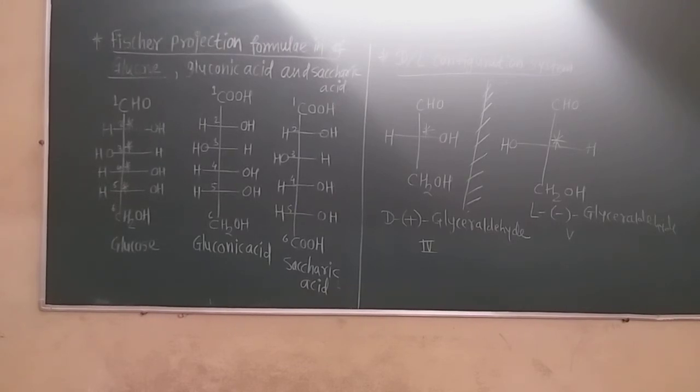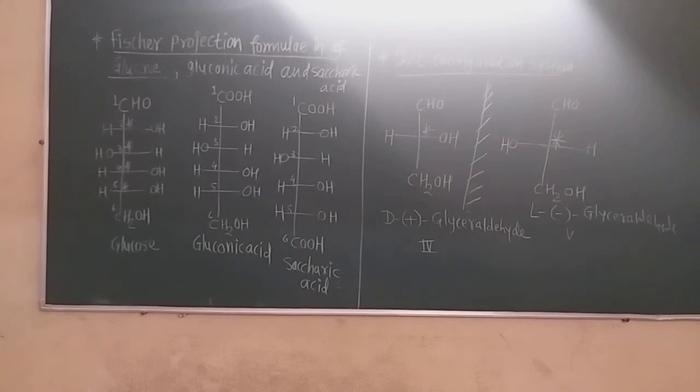They are represented by two Fischer projection formulae as shown on the blackboard. Conventionally, plus glyceraldehyde is represented by the Fischer projection formula having the OH group attached to the C2 carbon on the right hand side. If the OH group on the C2 carbon is on the right hand side, then that Fischer projection formula is called D or plus glyceraldehyde.